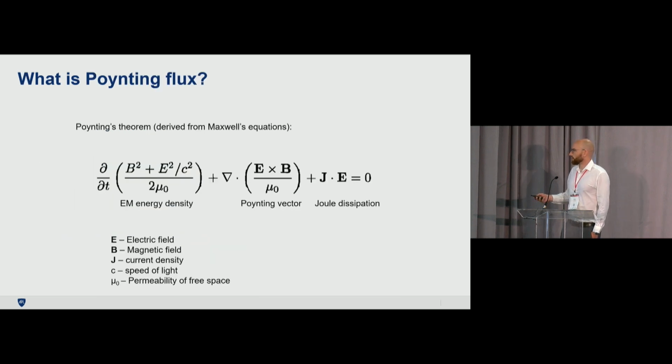So first of all, the Poynting theorem comes directly from Maxwell's equations, and in itself is hard to challenge. The typical assumption we make is that the electromagnetic energy density is a constant in the regions which we're studying, which I believe in the upper F region is usually acceptable.